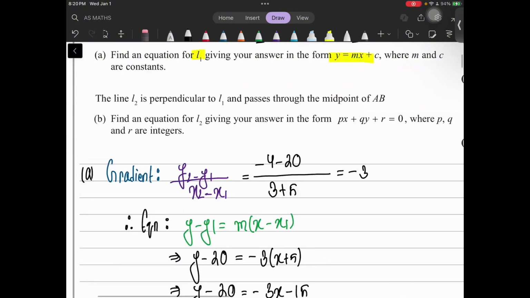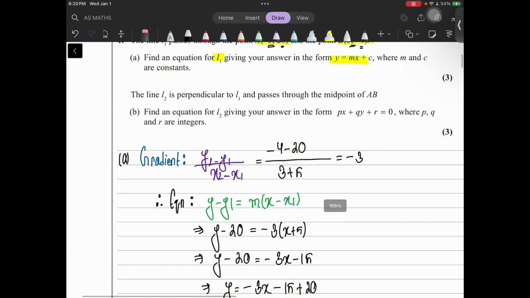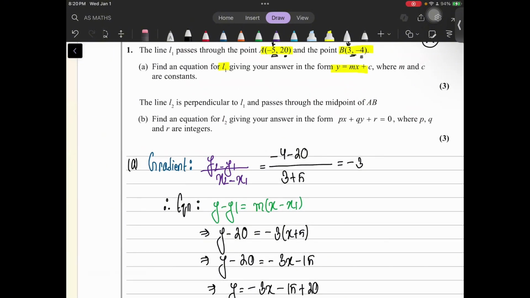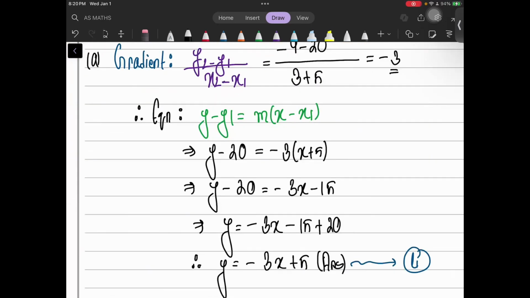So y2 is minus 4, and y1 is minus 5, and x2 is 3, and x1 is minus 5. It's a basic formula, so you just plug it in and get a gradient of minus 3, right?